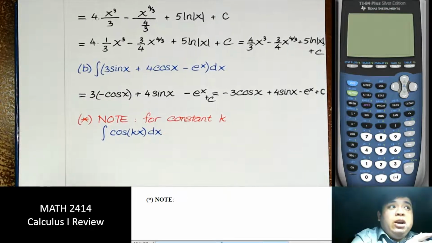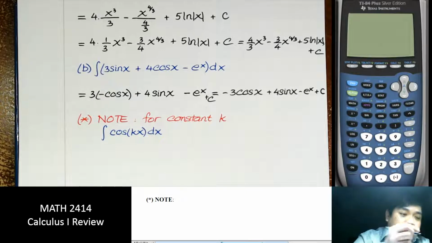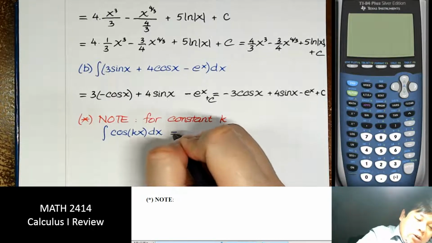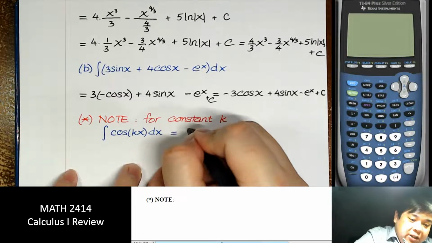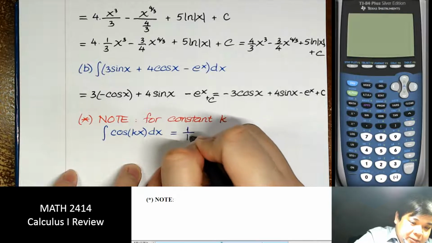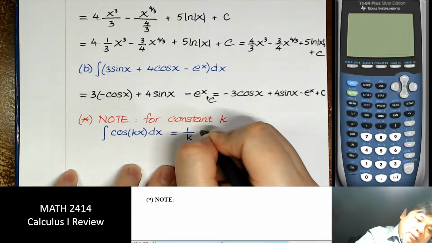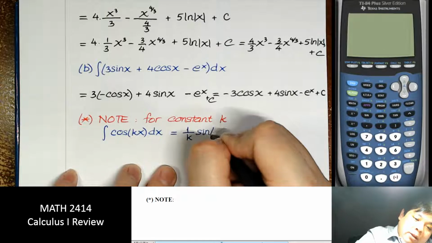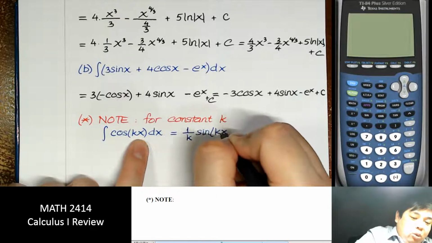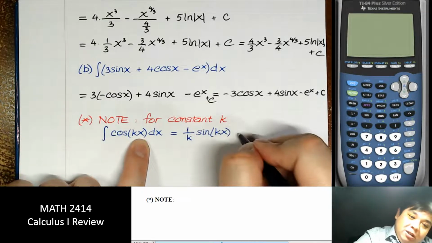Remember, if it is a derivative, we multiply by k. This is the integral, so we will divide by k. And the argument is kx. We will never mess up the argument.